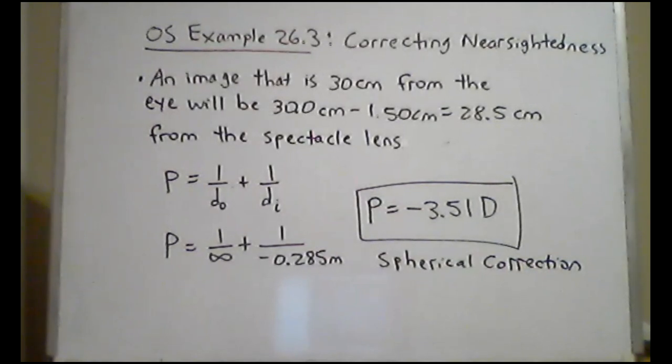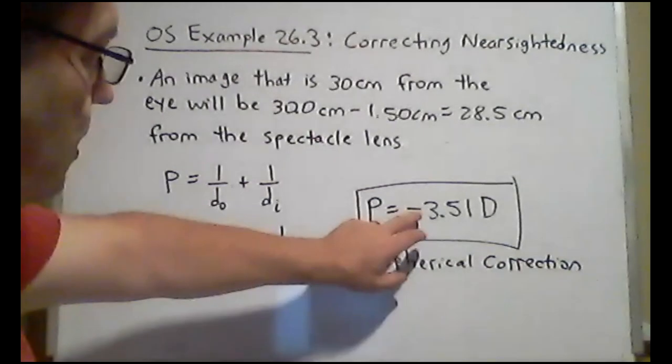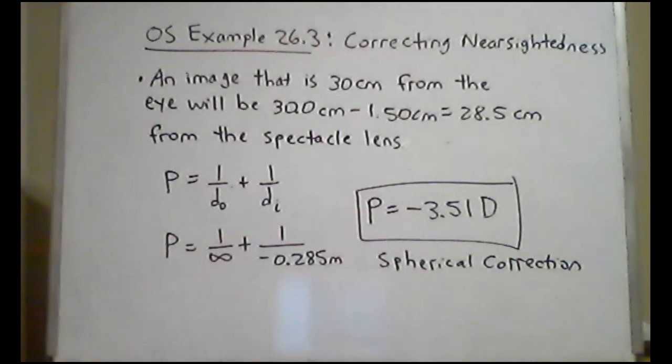So anyway, that's really bad. Bumping into walls, bad. But you see a negative value on the person's correction. It's called a spherical correction on your eyeglasses or your contact lenses. That tells you that person is myopic, that person is nearsighted.